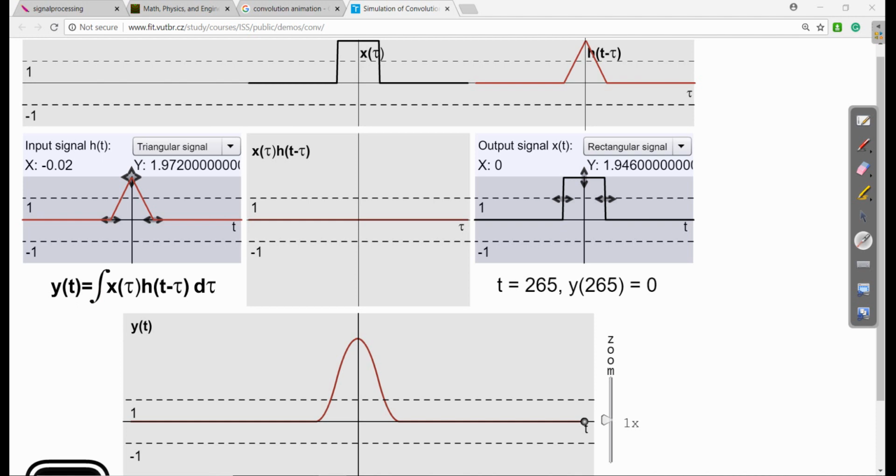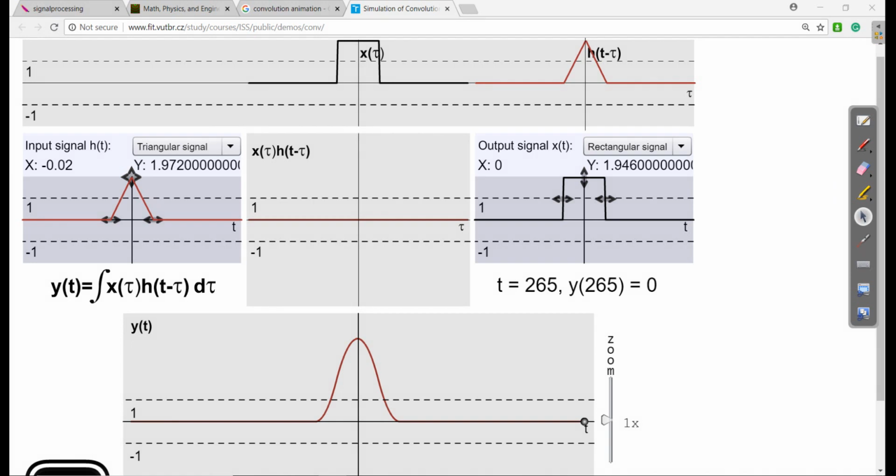So I'll play this again. See here, so we have two signals. We have x, that is this pulse. We have h, that is this triangular signal. First we'll be flipping this triangular signal. So if we flip it, it remains the same in this example.